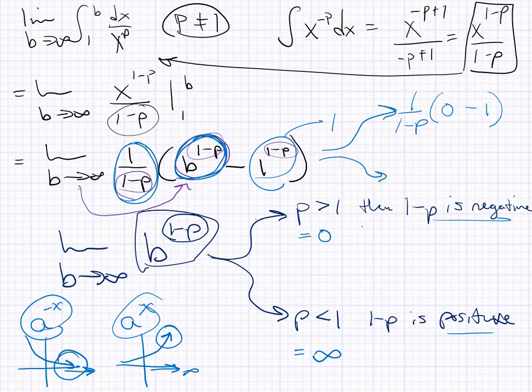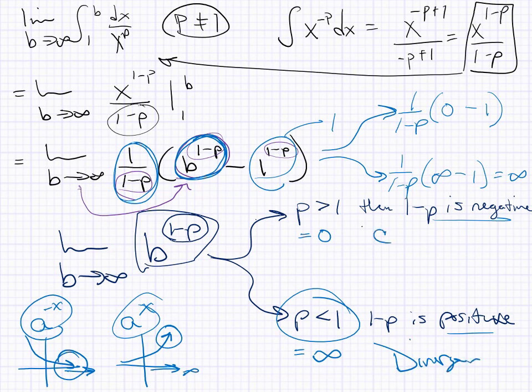And when p is less than 1, we get 1 over 1 minus p times infinity minus 1, which is really infinite here. And so in this scenario, we diverge. In the other one, we converge with the original integral.